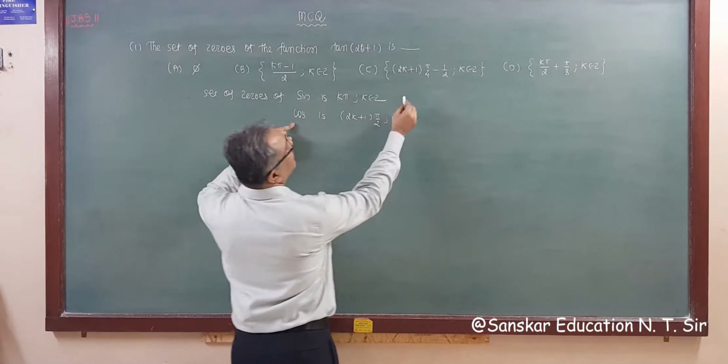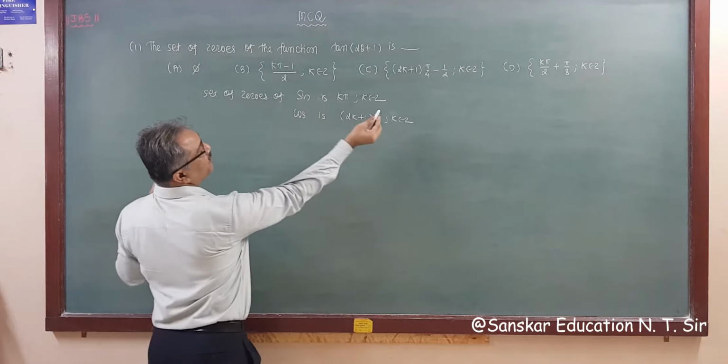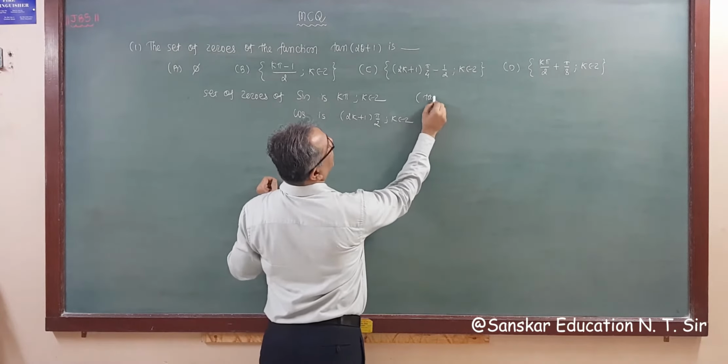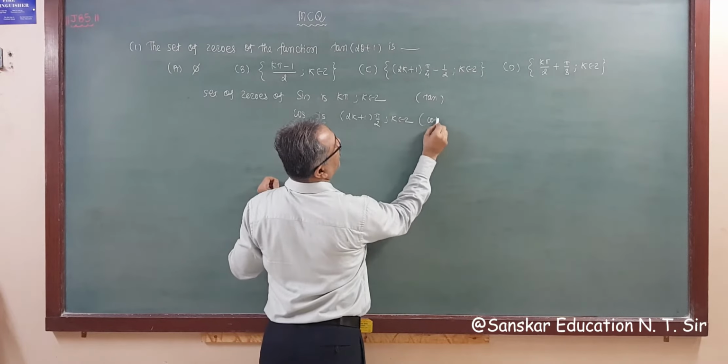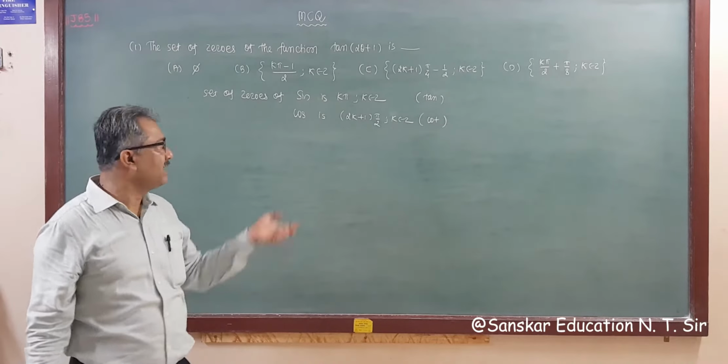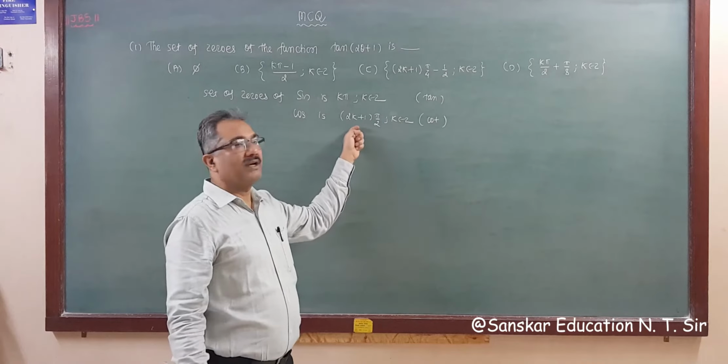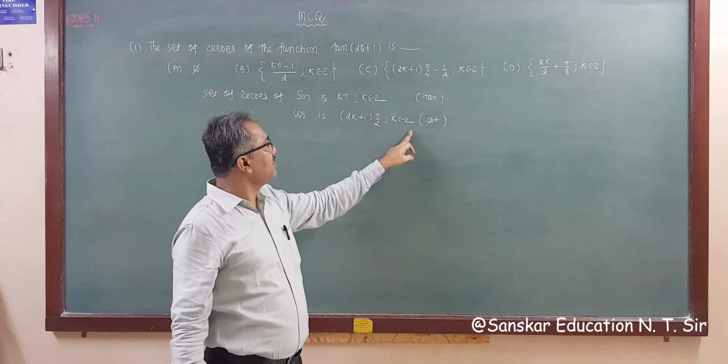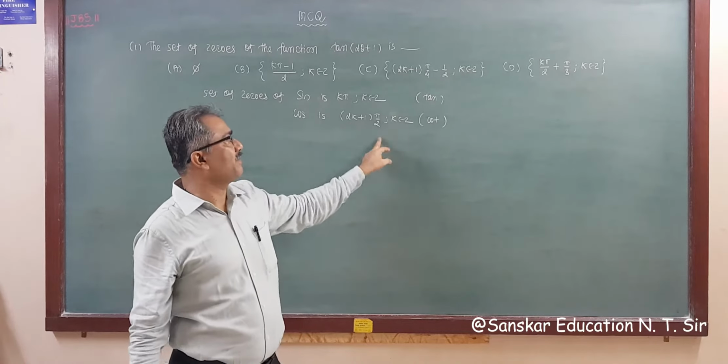So the same thing holds for tan, and cot goes with cos. So tan and sine set of zeros is k pi, k belongs to Z, and cos and cot is (2k plus 1) pi by 2, k belongs to Z.